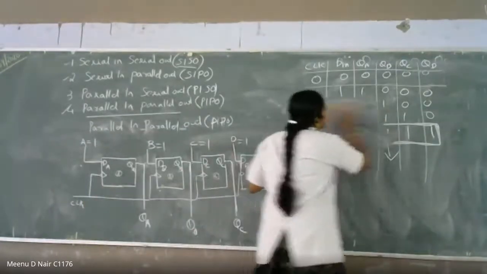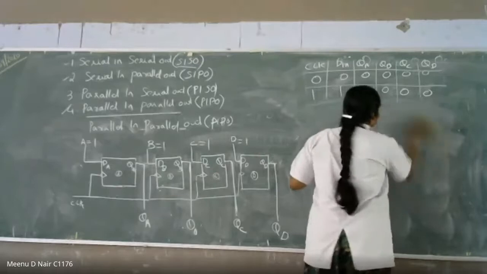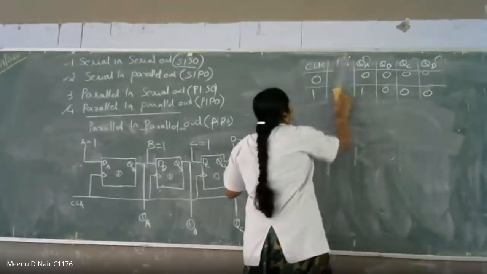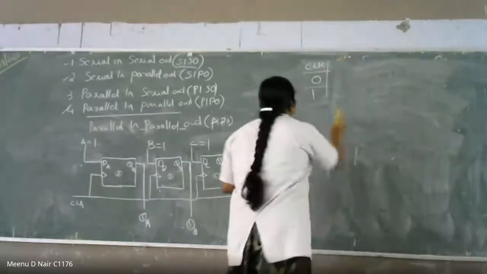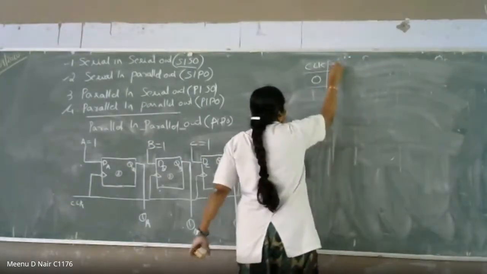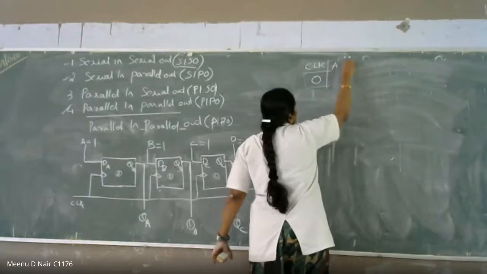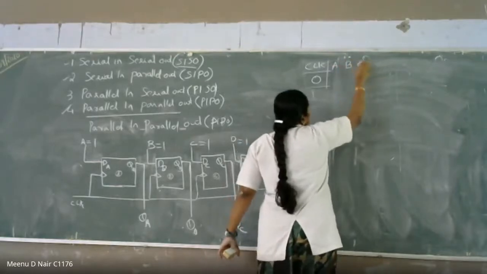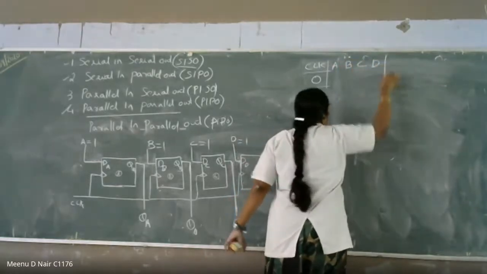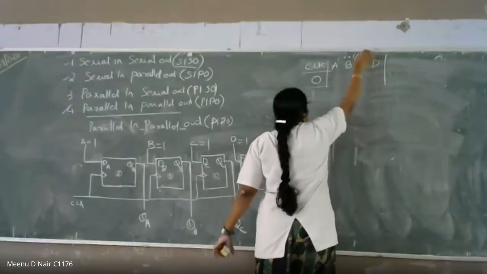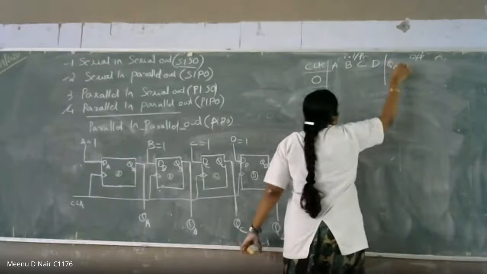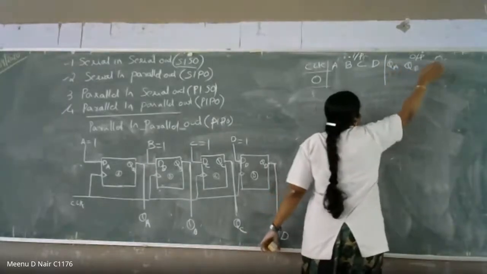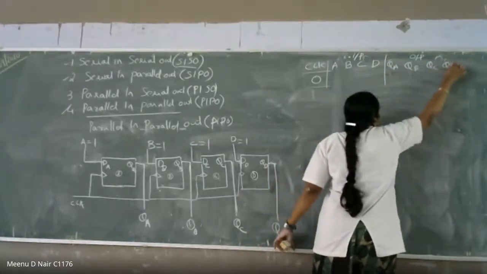The clock pulse was 0. Consider this your first input, second input, third, and fourth input. The outputs are QA, QB, QC, QD.